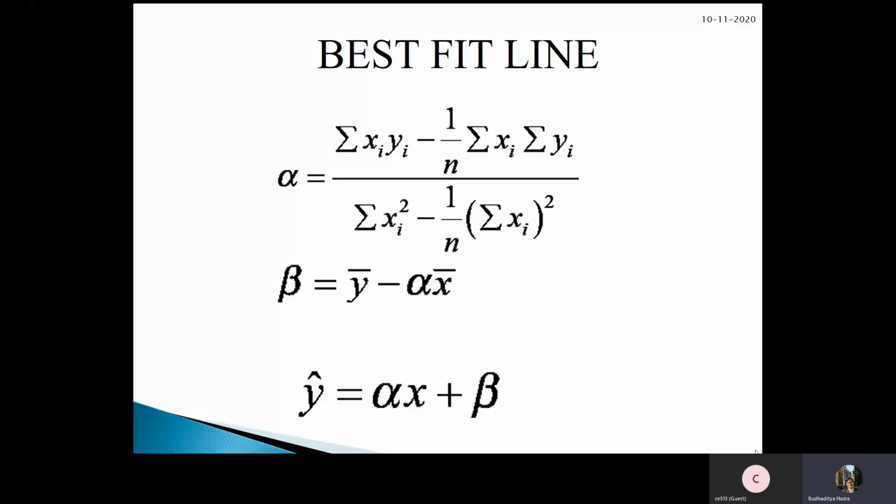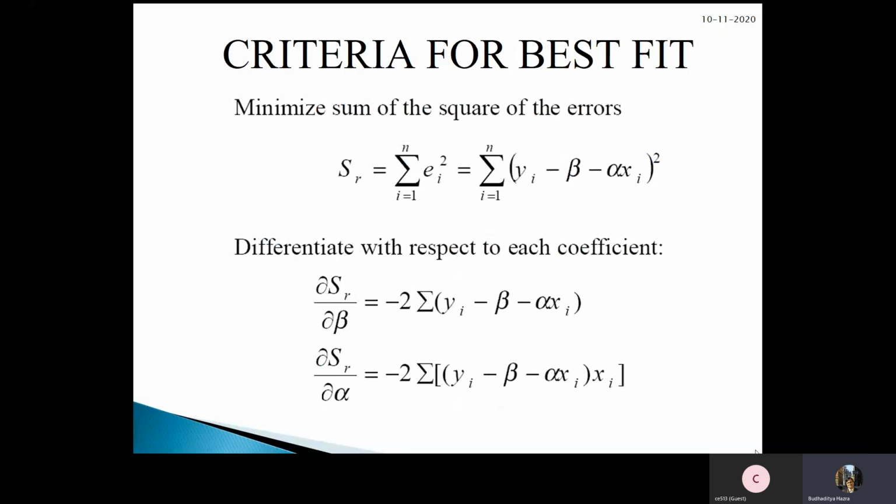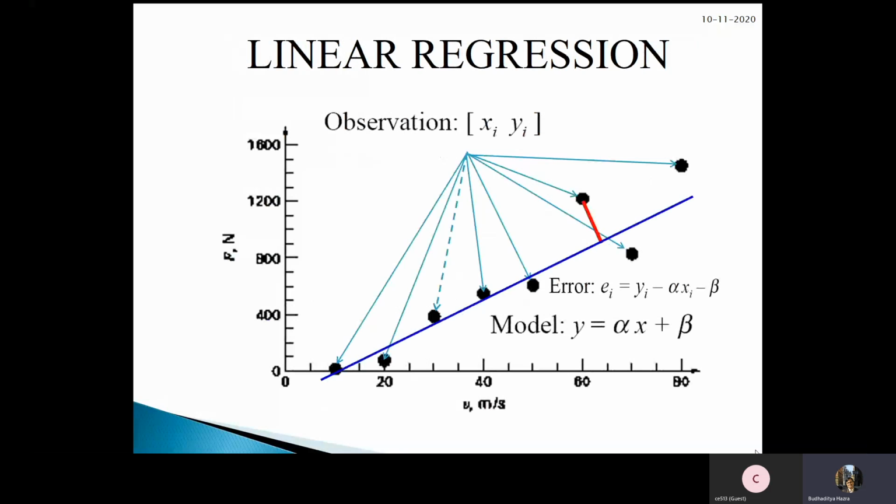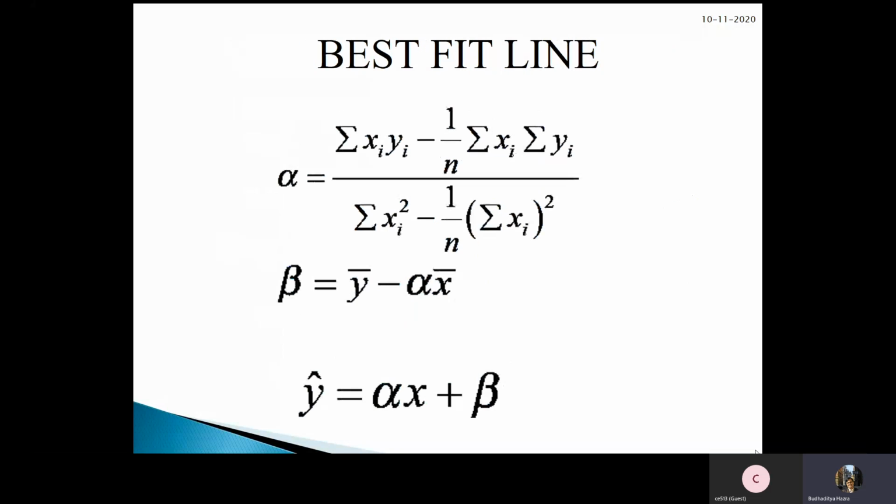So observe, when we chose this model, y is equal to alpha x plus beta, we didn't know the values of alpha and beta. So given these observations, this is precisely what we wanted to do. We wanted to find out alpha and beta, which are the unknown coefficients, right? So this can be done by minimizing the sum of the squares of errors.